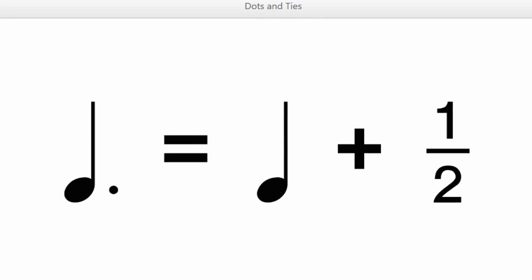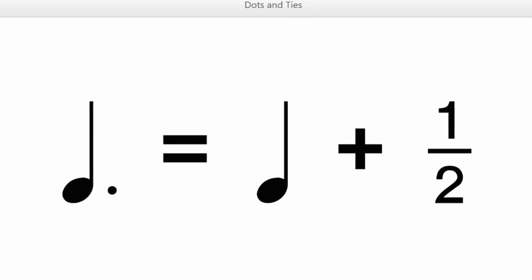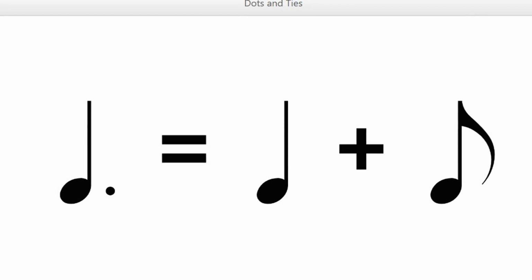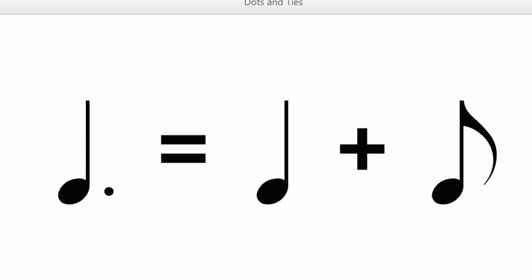So when you have that dot in front of it, for instance, you have a quarter note right here, a dotted quarter note. So you have the quarter note plus you add another half of a count to that dotted note. It's actually like an eighth note.